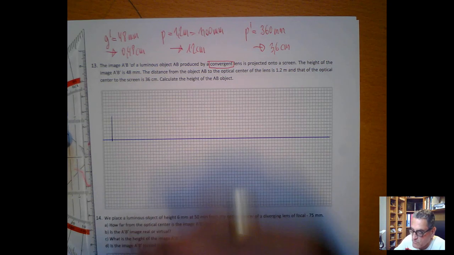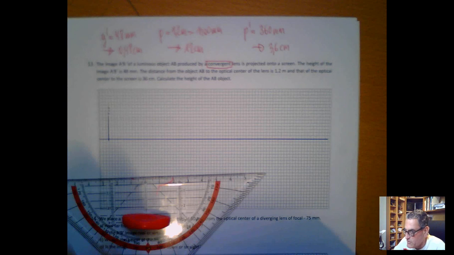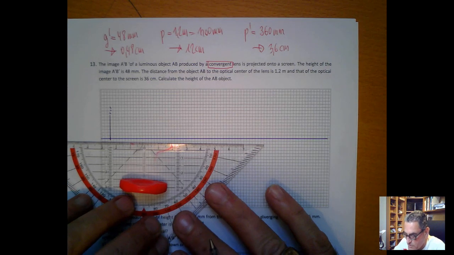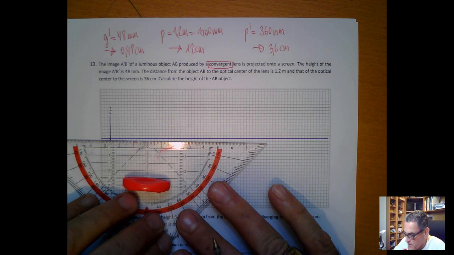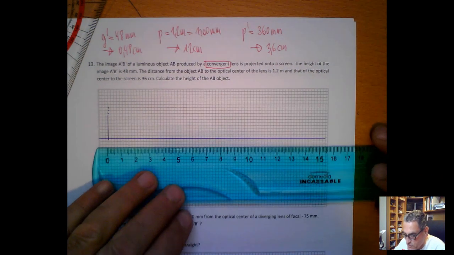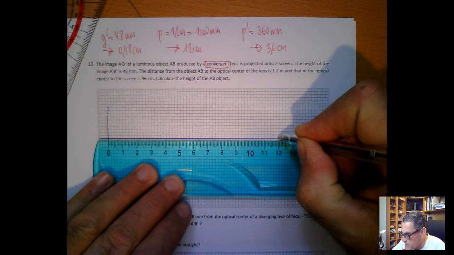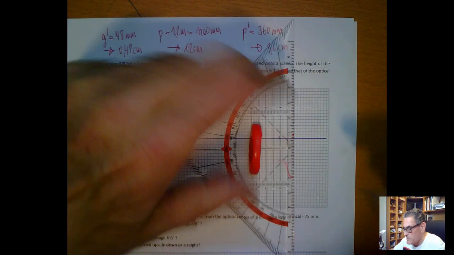That's fine. Now we have 12 centimeters from that point. I have to use this ruler. 12 centimeters, it's here.